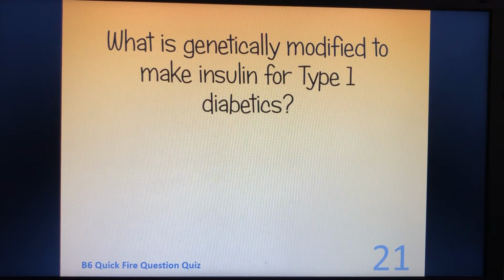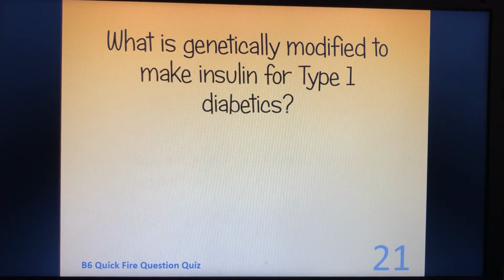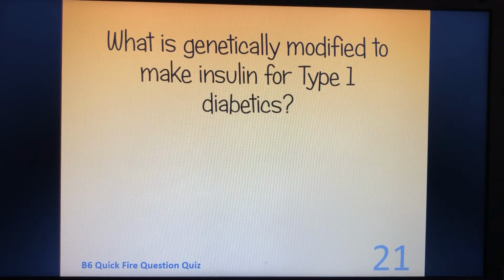Question 21. What is genetically modified to make insulin for type 1 diabetes? In other words, we've got the insulin making gene, and we cut it out of the genetic code of a human using enzymes, and then we put it into something, and that makes the insulin.